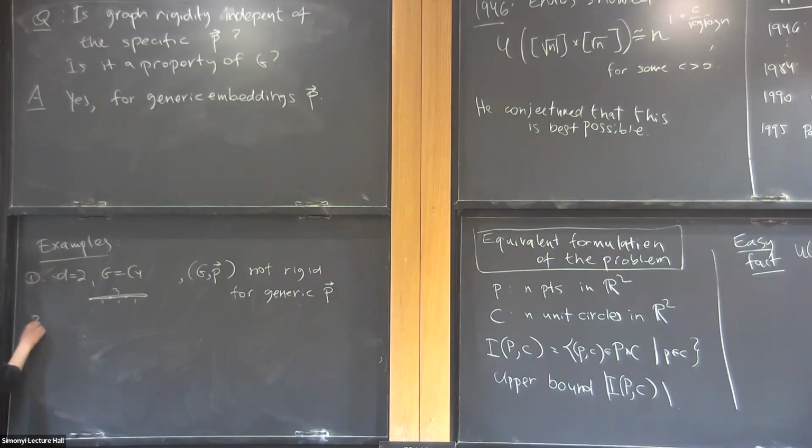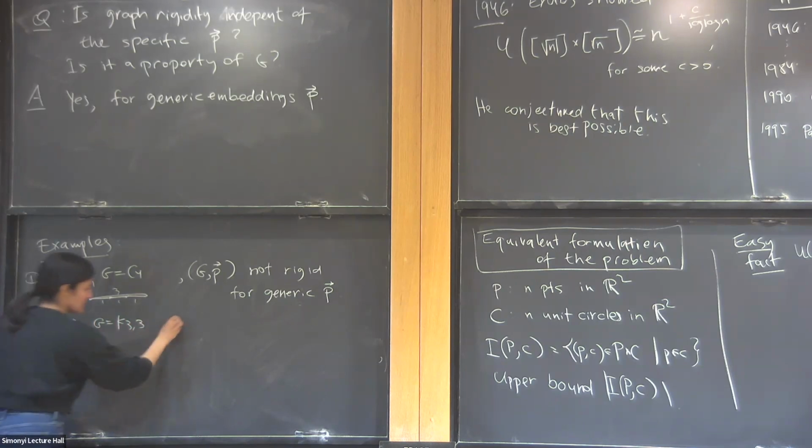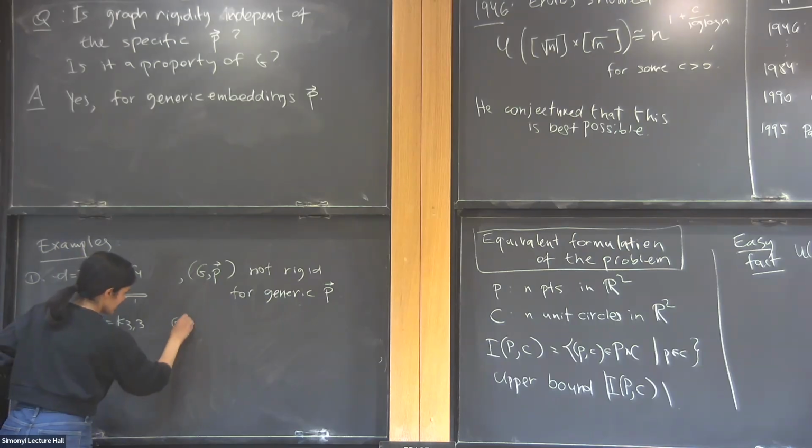The other example is again in the plane, if G is K33. For generic embeddings, G_P is rigid.